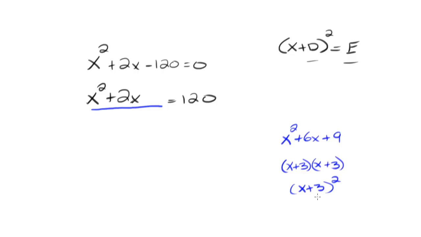Anytime you take a binomial like this and square it, you always get the same pattern. This middle number is twice that number, and this constant coefficient is that number squared. That's just the result of multiplying a binomial by itself.